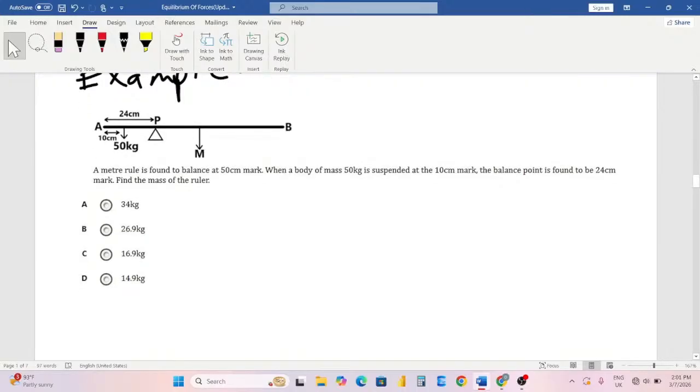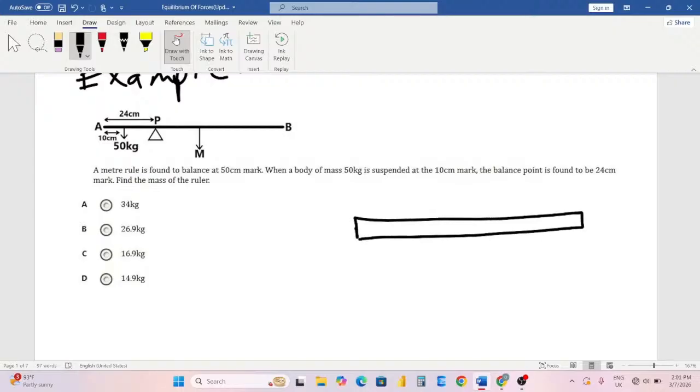Before we dive deep, it's important to note that a uniform meter rule is taken as 100 centimeter long. This topic also helps us to understand that the center of gravity of a body is usually at the center of the body.